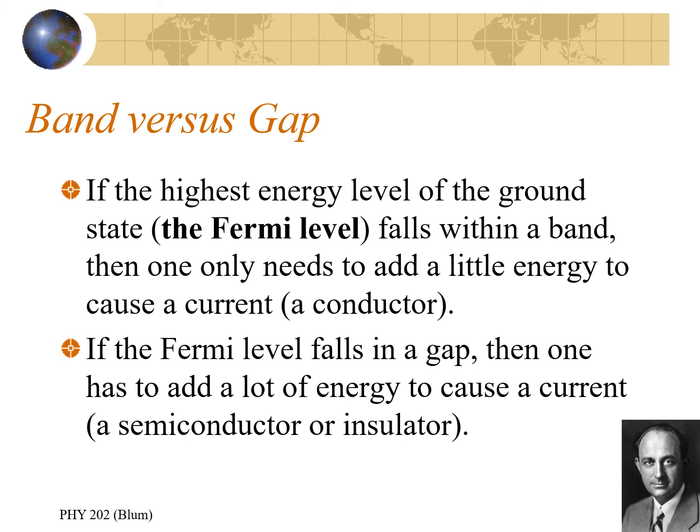If the Fermi level, that is the highest level of occupied state in the ground state, falls in a gap, then we need a lot of energy to get the current, because the current requires us to move into high energy levels. If the next unoccupied level is a gap away, then that's going to take a lot of energy. And if it's a smaller gap, semiconductor. If it's a large gap, insulator.